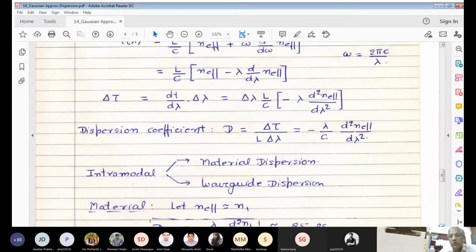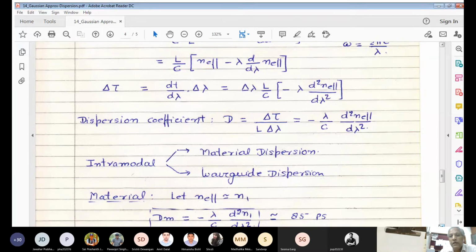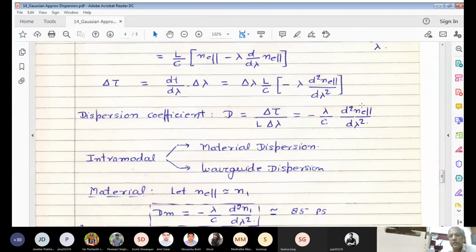Now you can see that this is basically decided by the second derivative of n effective with respect to lambda. But n effective is a function of wavelength because of two different reasons. First, the material refractive index itself is a function of lambda. Both core and cladding refractive indices are functions of wavelength.